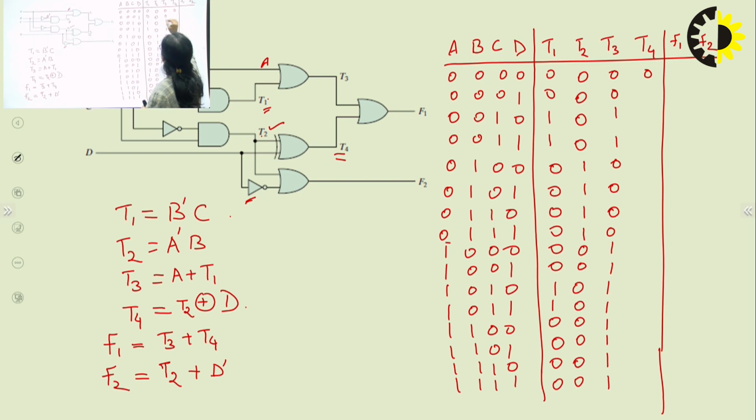T2 is 1, D is 1, so T4 is 0. For D and T2, it's 0, again 1. T2 and 0, so 1. For this combination, D is 1 and T2 is 1, so it will be 0.